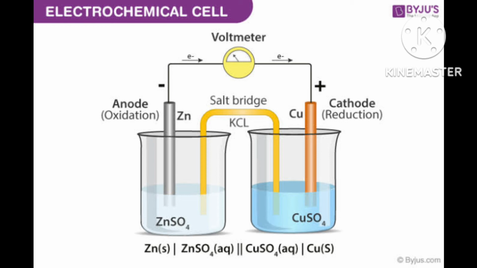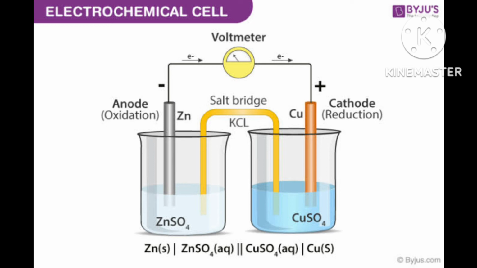Then another half cell reaction takes place, the reduction half cell: Cu2+ plus 2 electrons gives copper metal.